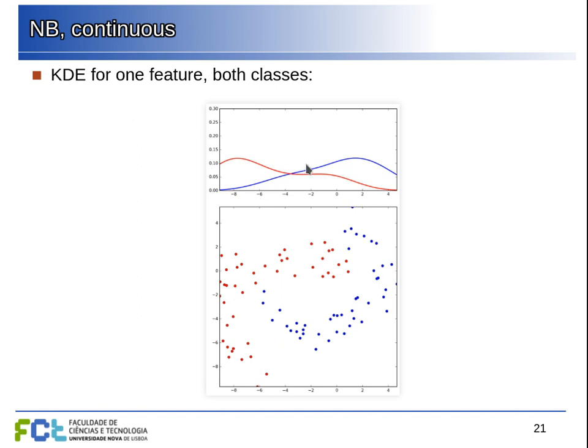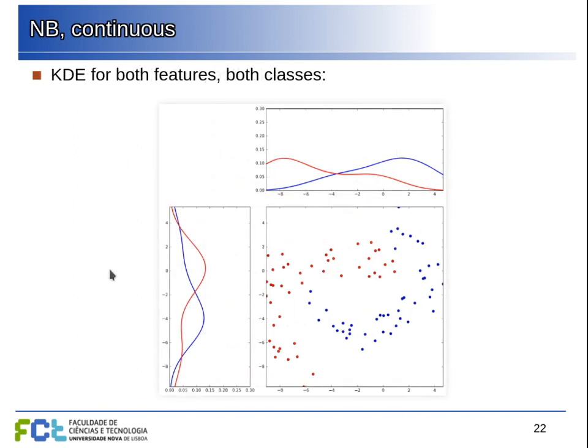So if we compute the kernel density estimation of the distribution, we have this blue curve here. We do the same for the red class, and now we have the distribution for the red class. So these lines give us the distribution of the values for this feature in the blue class and in the red class.